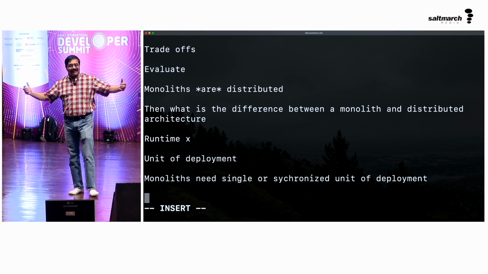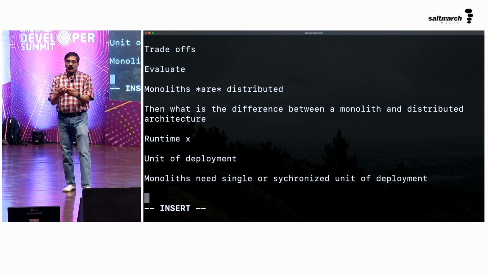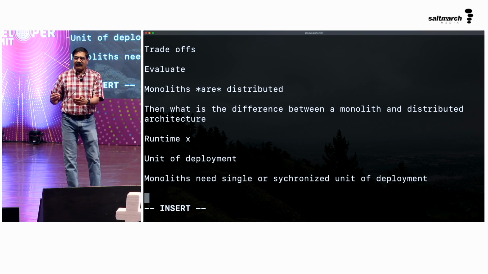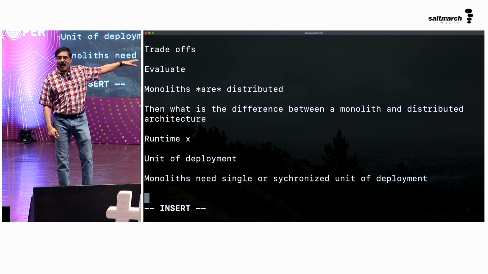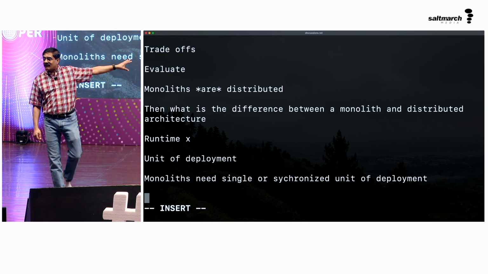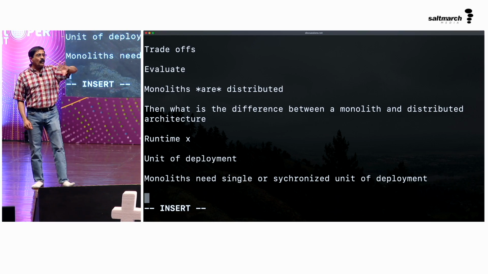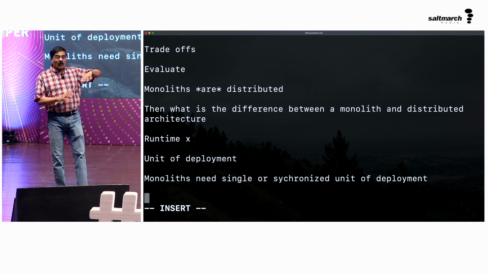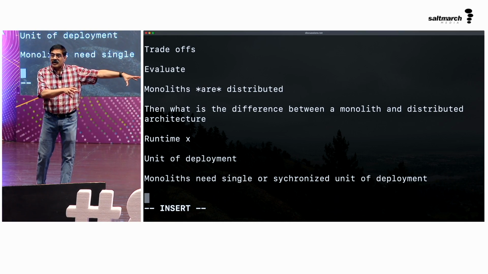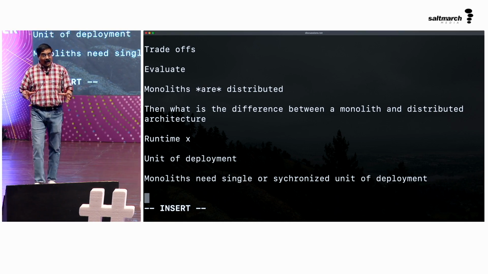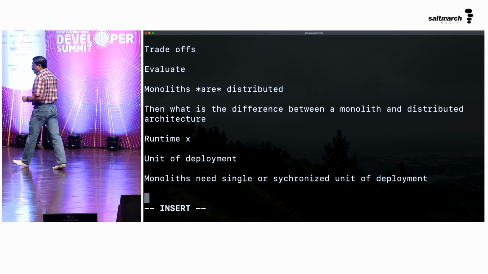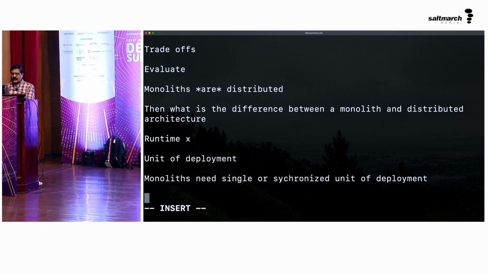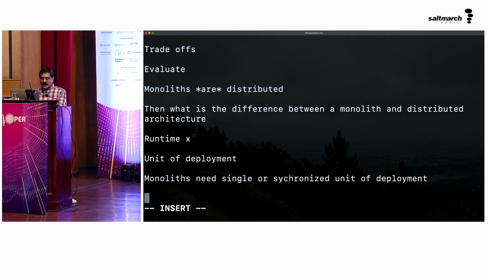I've got multiple instances of it running, but when I have to upgrade it, I've got to upgrade them in a certain sequence because the deployability is a single unit of deployment. So if you're ignoring the deployability for a minute, there could be benefits to simply using monoliths versus microservices, at least in that narrow definition of things. So the idea here is, a monolith needs a single or synchronized unit of deployment.